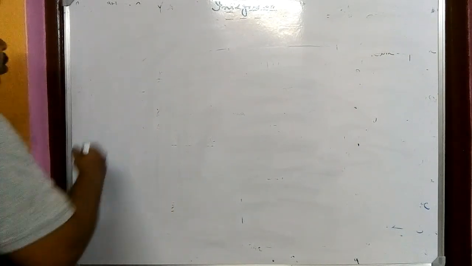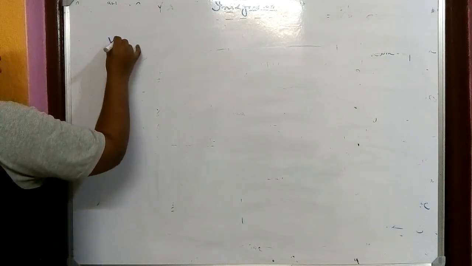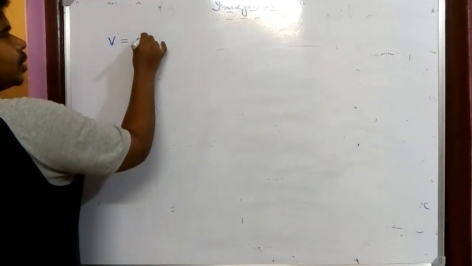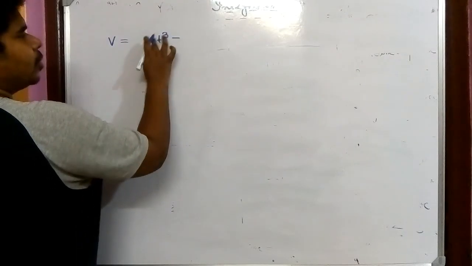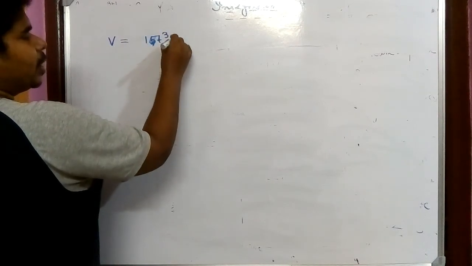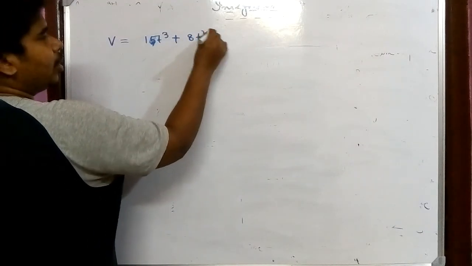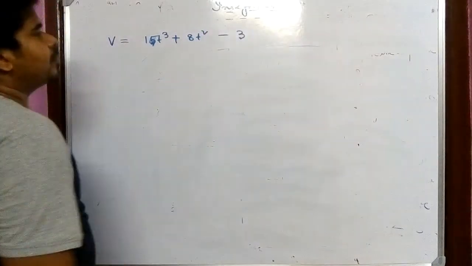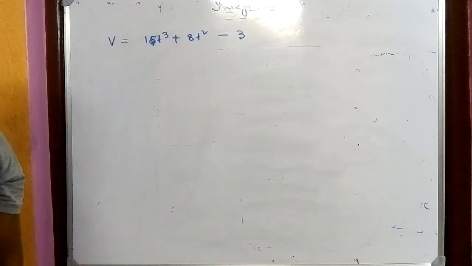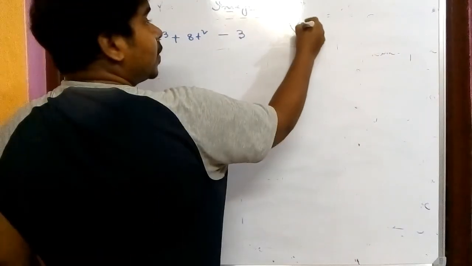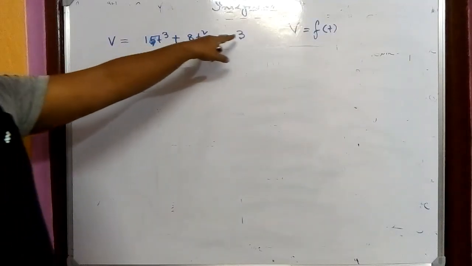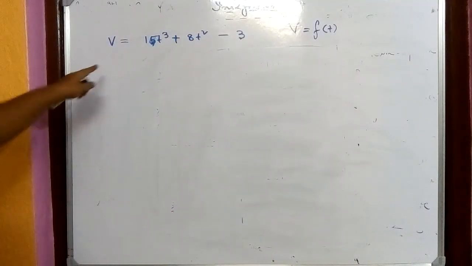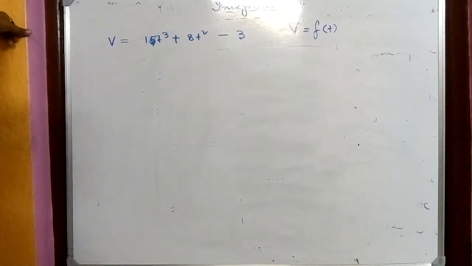Assume it is told to you that the velocity v of a body is 15 t cube plus 8 t square minus 3.